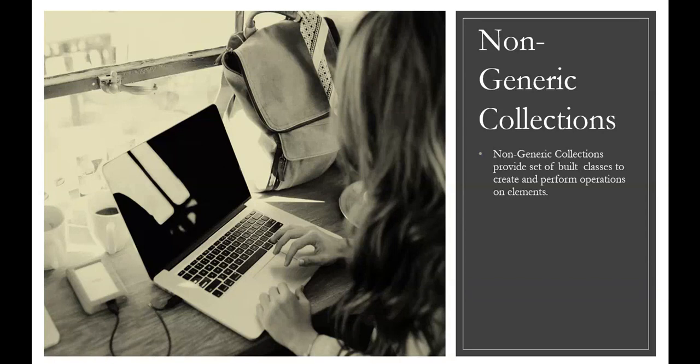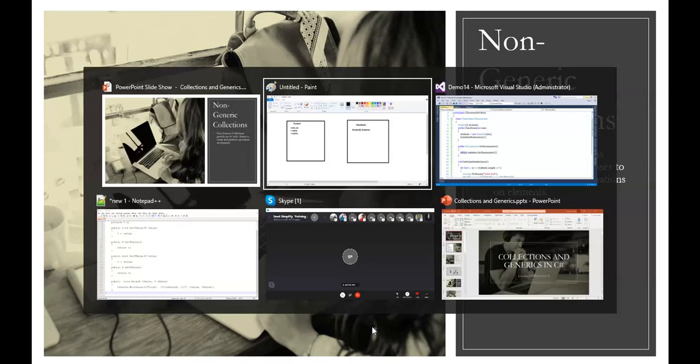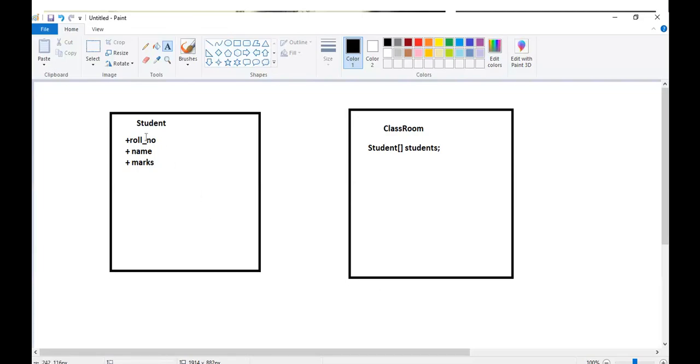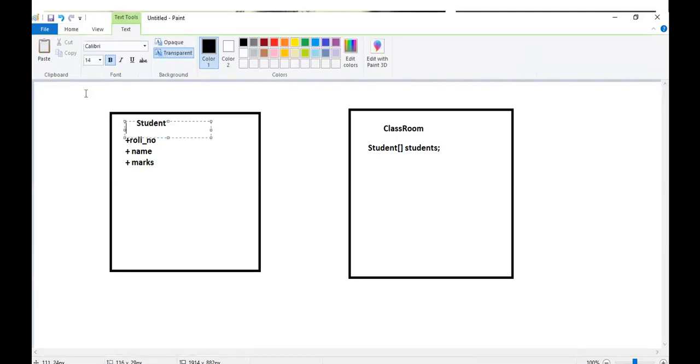Like the Array class. Now, if you consider non-generic collection classes, the main common point is the data type considered for each element. The data type considered for each element is object.